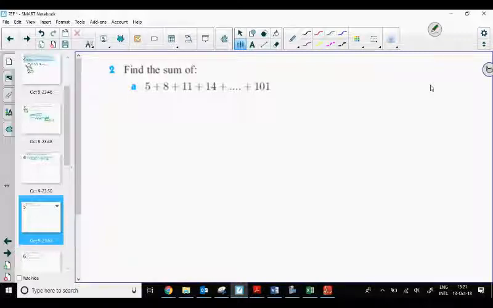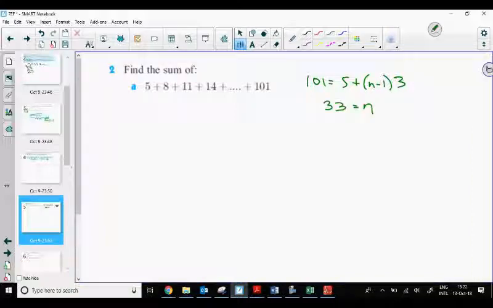Starting off with something relatively simple, I want to find the sum of these numbers. I don't even know how many numbers there are, so in order to figure that out, I might set 101 equal to the first term, which is 5, plus n minus 1 times the common difference, which is obviously 3. And then I'm going to solve this for n.